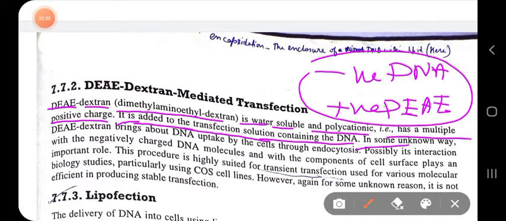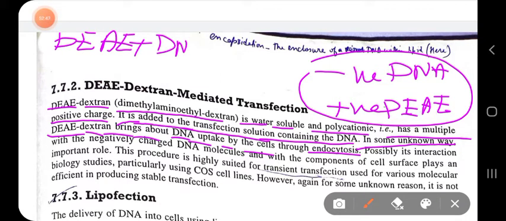In some unknown way, DEAE dextran brings about uptake of the DNA by cells through endocytosis. It is saying that when DEAE is combined with the DNA, because DEAE is positively charged and DNA is negatively charged, they interact by electrostatic interaction, and after that DEAE is introduced to the target cells by the process of endocytosis.